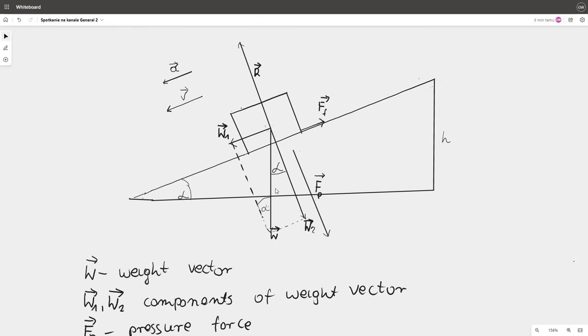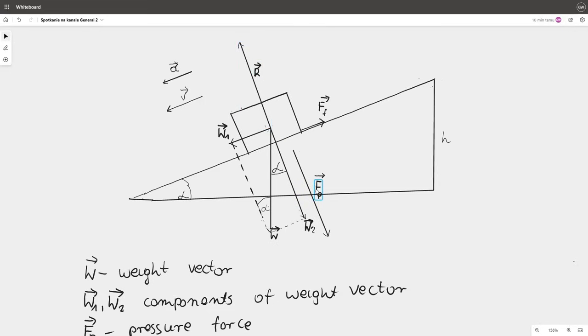Magnitudes of component W2 and normal force R are the same according to Newton's first law of motion. Reaction force and pressure force have the same magnitude according to Newton's third law of motion.